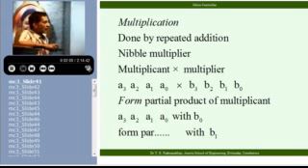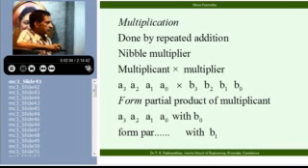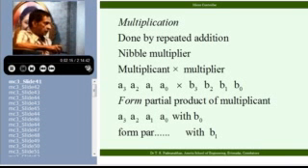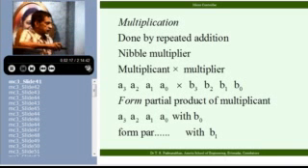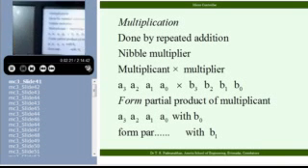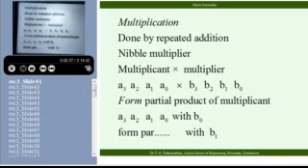Anyway, coming back, the procedure is: take this number, multiply by the lowest bit of the multiplier, and form one partial product. Is that okay? Then take the next bit, that is B1, multiply by this number, and form the next partial product. Do the same with B2, with B3, shift the partial products, align them in proper places and add.